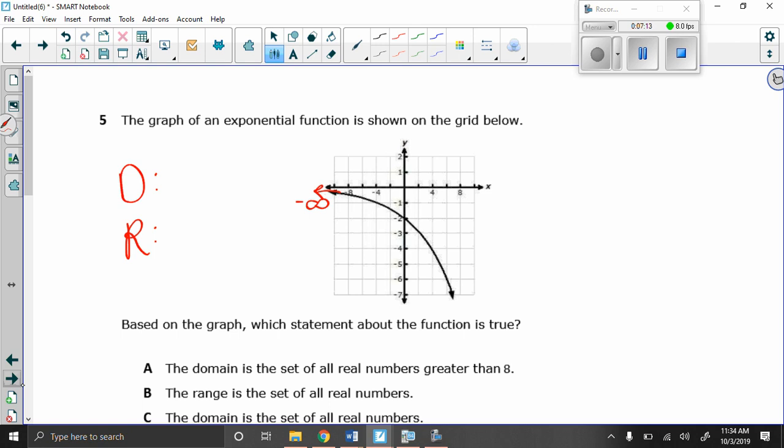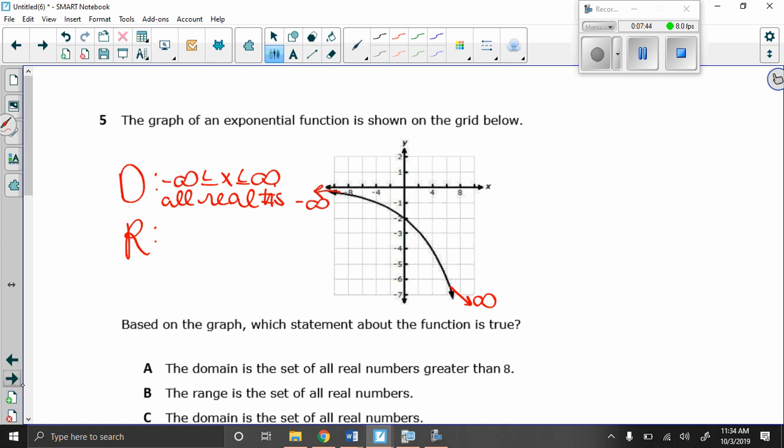But then when I'm looking at the right end of this line, it keeps going to the right slowly, but it's going to the right to positive infinity. So whenever my domain is going from negative infinity to positive infinity, that's just another way of stating all real numbers.